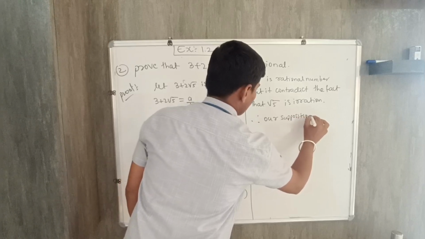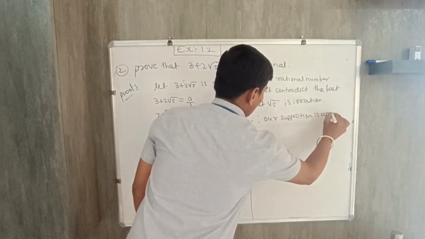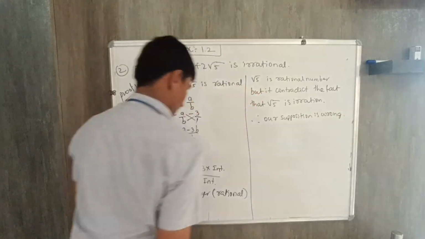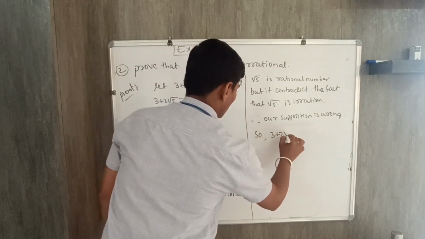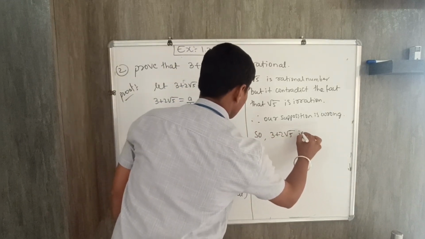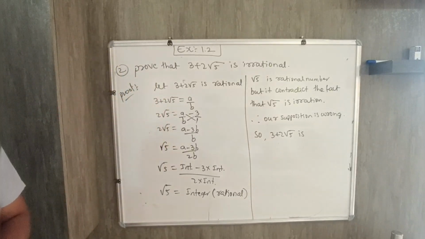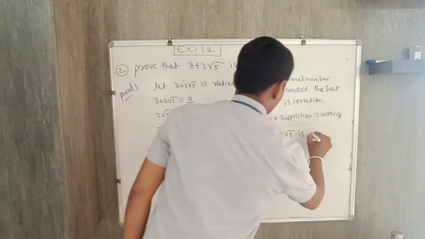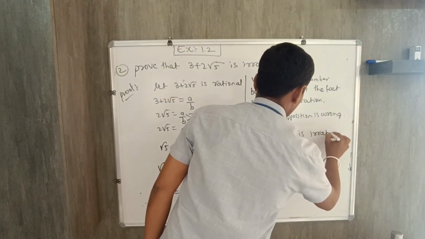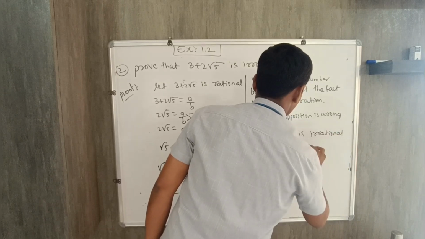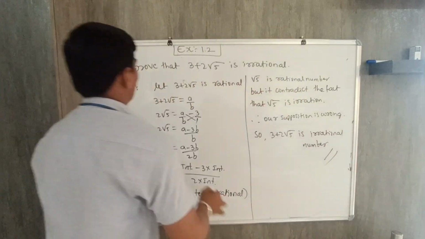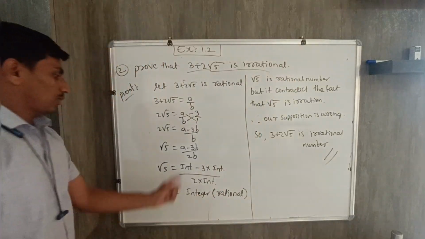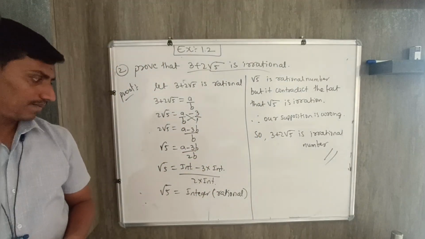So 3 plus 2 root 5 is what? 3 plus 2 root 5 is an irrational number. So this is your answer. Okay, 3 plus 2 root 5 is called an irrational number.